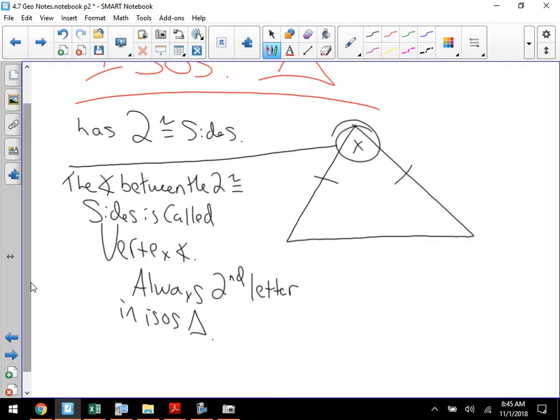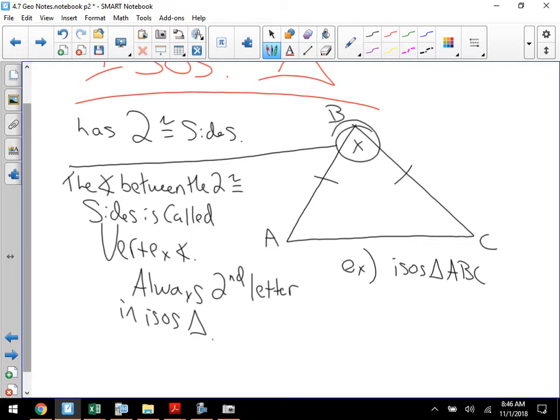So if I say we have isosceles triangle ABC, anytime you see or they say that you have an isosceles triangle ABC, XYZ, RST, whatever, that middle letter is always the vertex angle.